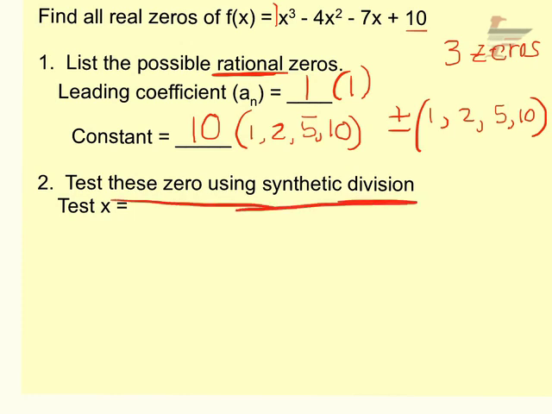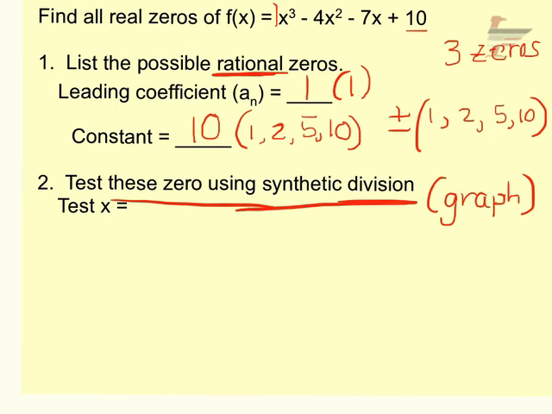What I would do also, if this were a calculator question on an exam, is pick up my calculator and graph this cubic function, because maybe I can just see on the graph if it's crossing at 1 or -1 or 2, etc., and narrow it down there without actually having to test it.